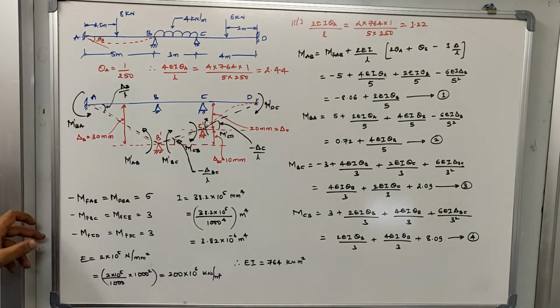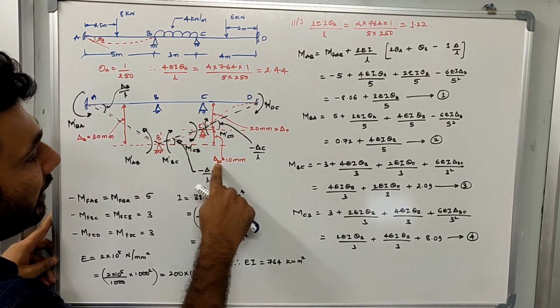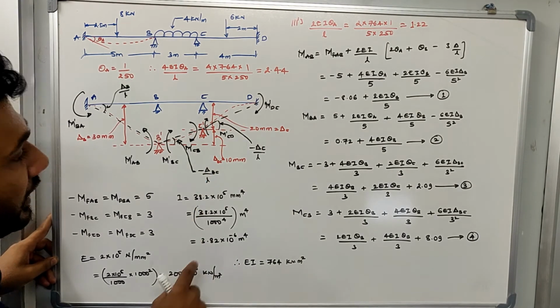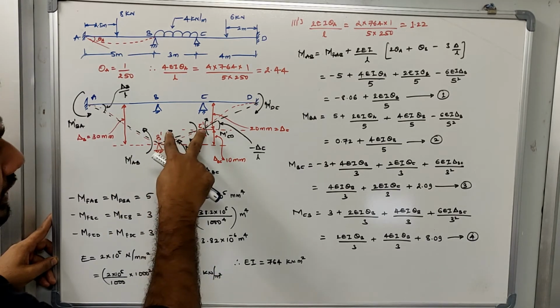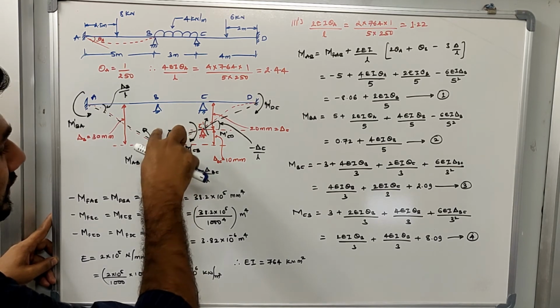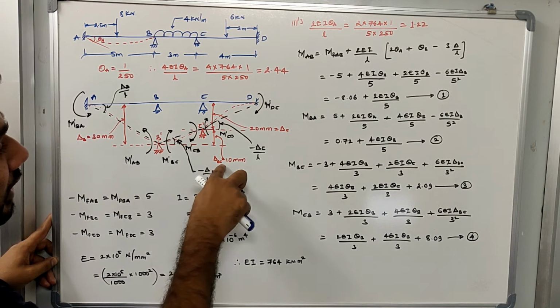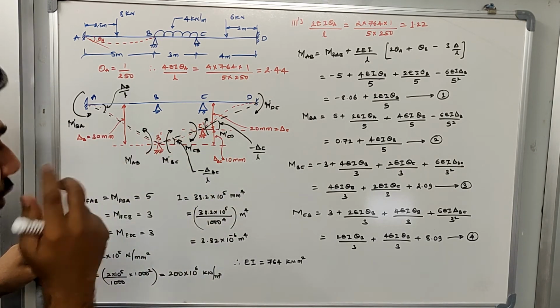So let me call this value as delta BC. Delta BC is representing the sinking of supports B dash and C dash with respect to each other. So B dash is sunk 10 mm greater than the C dash. You remember that.